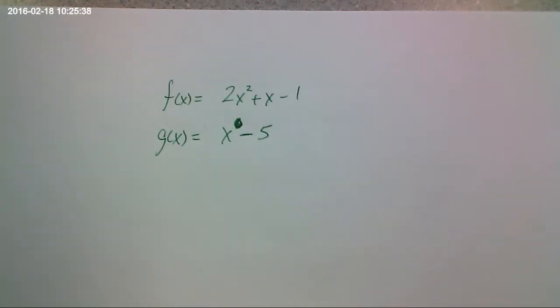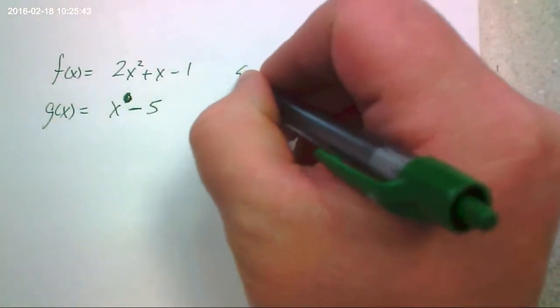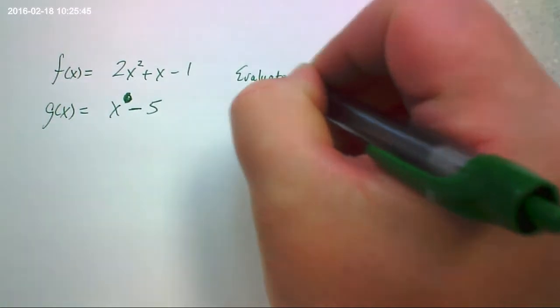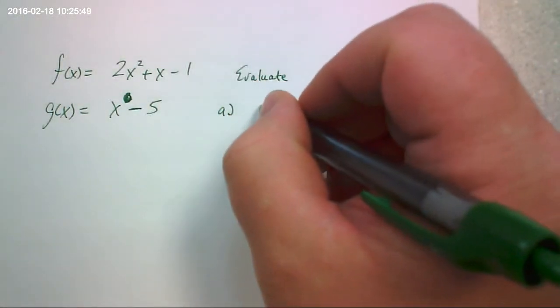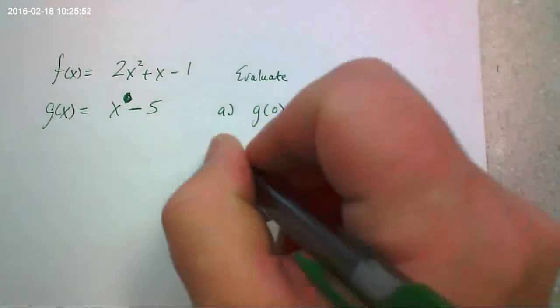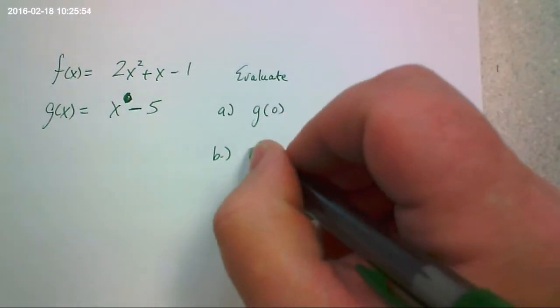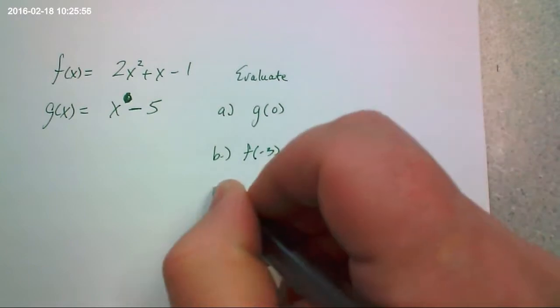So your instructions might say, let's see here, we'll do it over here. Evaluate, and then A would be g of 0. B might be f of negative 3.